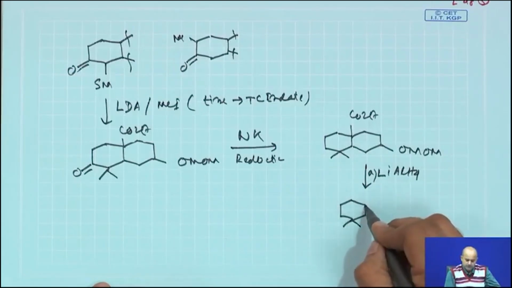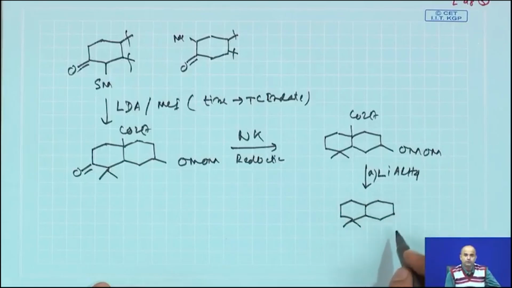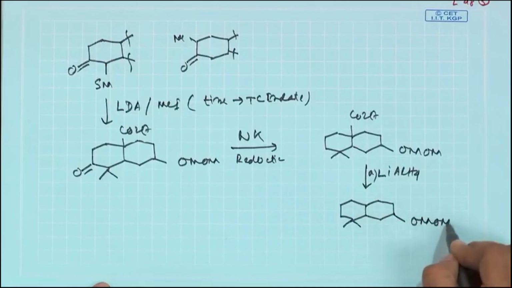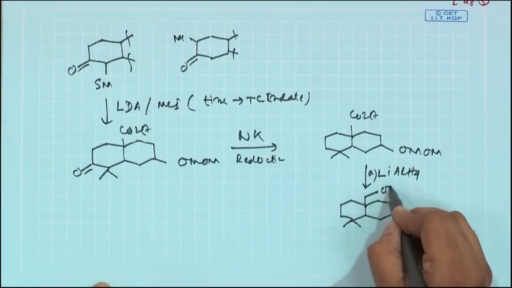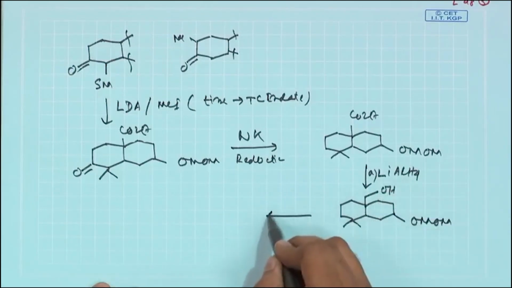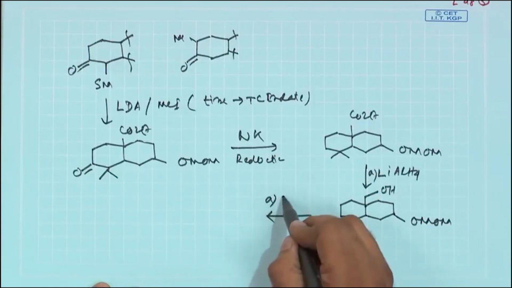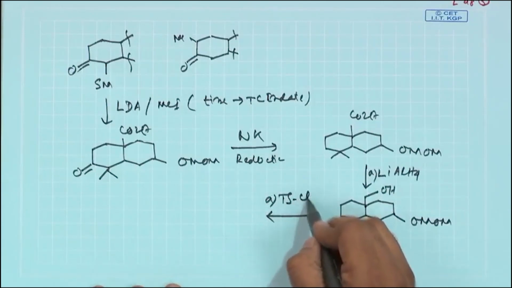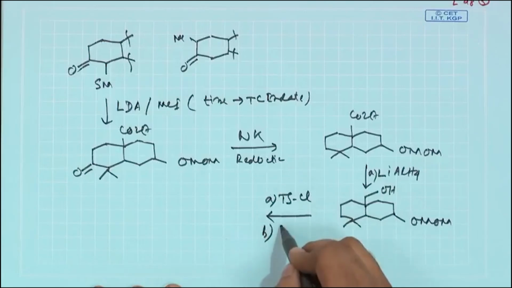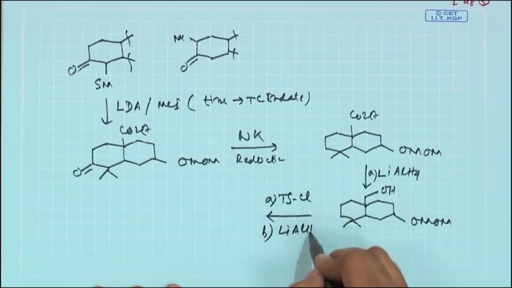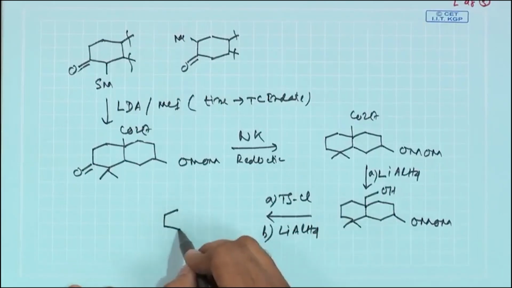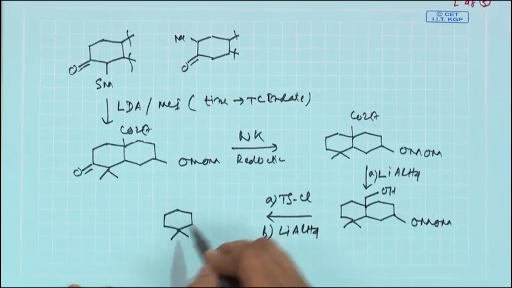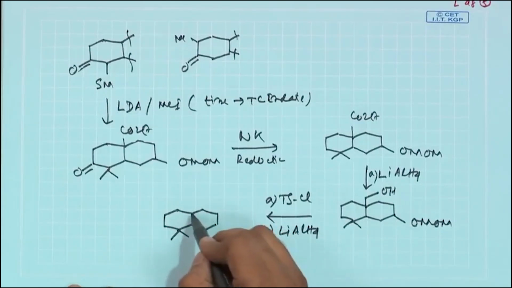So, the initial desymmetrization is basically when you do the protection, and the remaining steps are all simple FGI. Now, you are doing a CH2OH here. This is very simple. You have to convert the corresponding alcohol to the methyl just by using tosyl chloride followed by lithium aluminum hydride, which will give the methyl in the angular position.